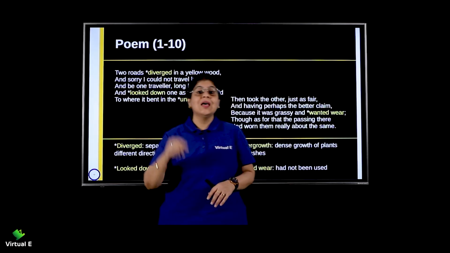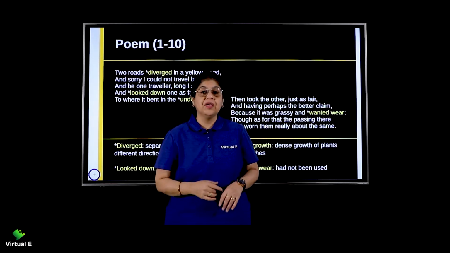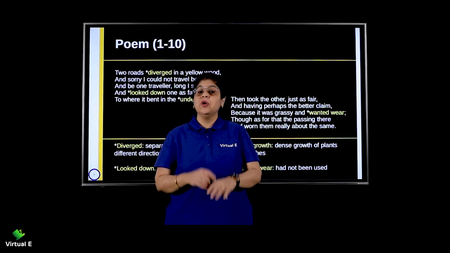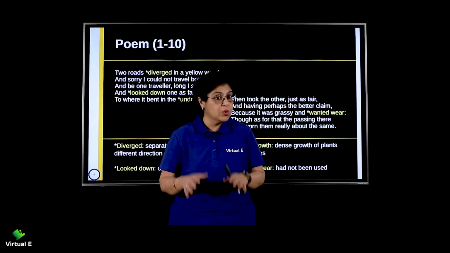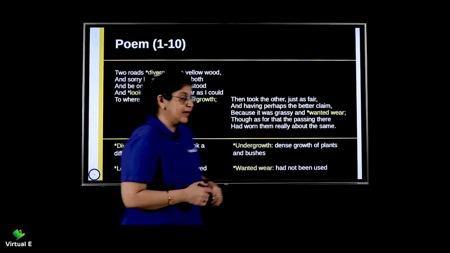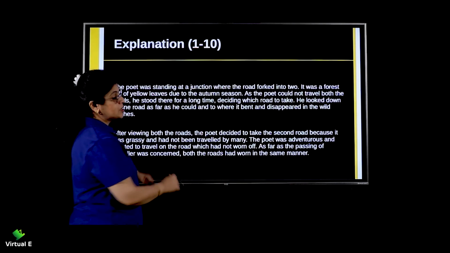And if there are no rhyming words at all throughout the poem, then the poet has not used a rhyme scheme. It is called a free verse. Please remember that.